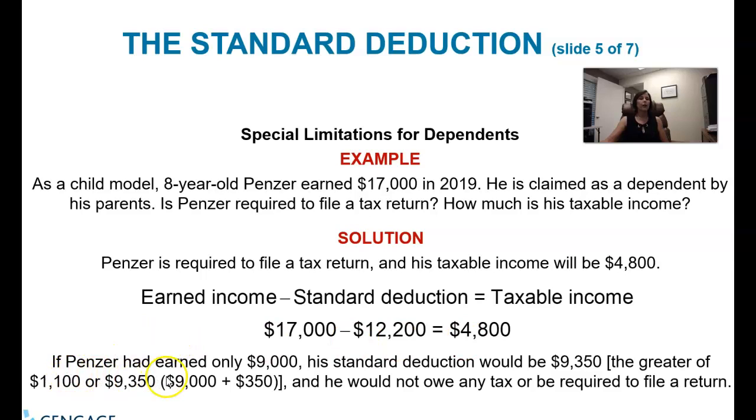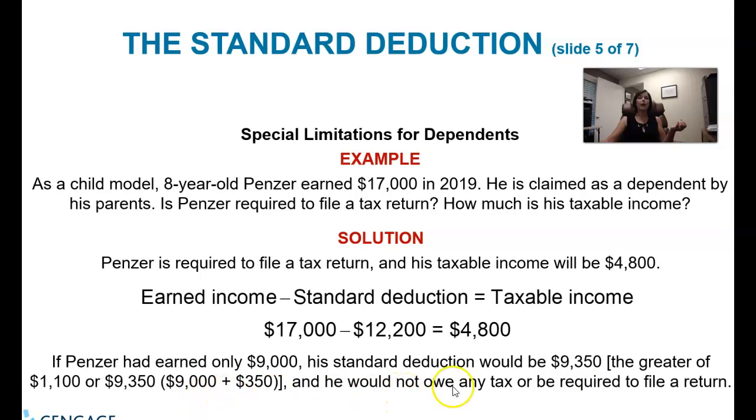Now, look at this scenario. What if Penzer had only earned 9,000? He gets the greater deduction of either 1,100 or his earned income plus $350. So in this case, we take his earned income of 9,000, add 350 to it, and his standard deduction is the greater of 1,100 or 9,350.